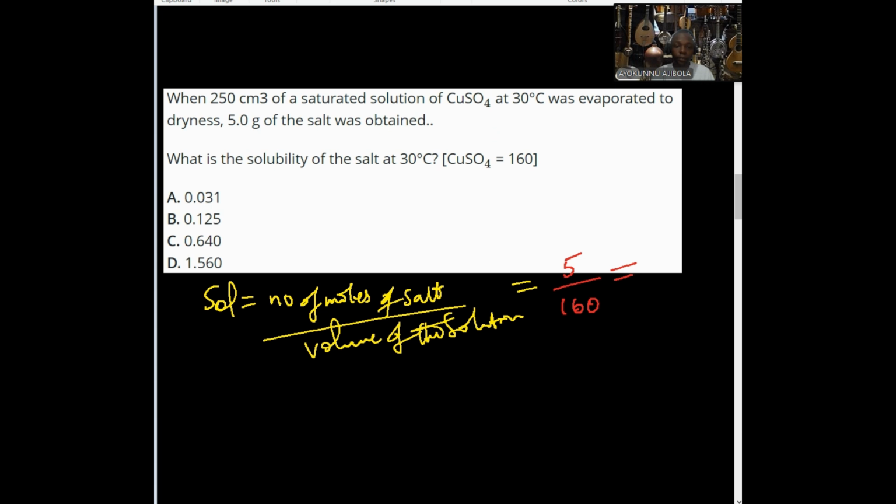That's 0.03125. If the figures are not too long, it is advisable to use all of them because it might affect your answer.